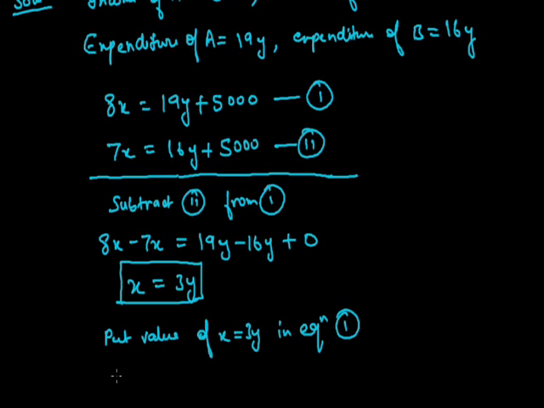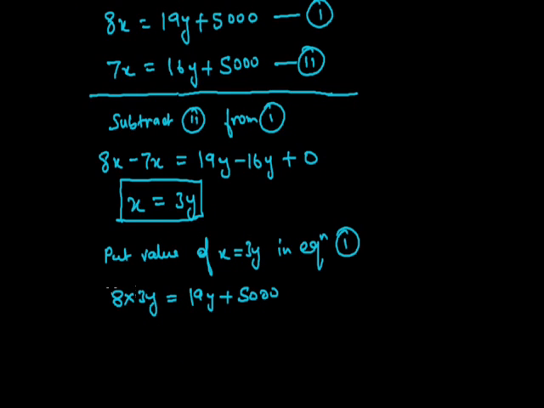What I will get is 8 into 3y is equal to 19y plus 5,000. Now if I solve it, 24y, and 19y I will take on the left hand side, so it will become 24y minus 19y is equal to 5,000, because 5,000 is on the RHS.